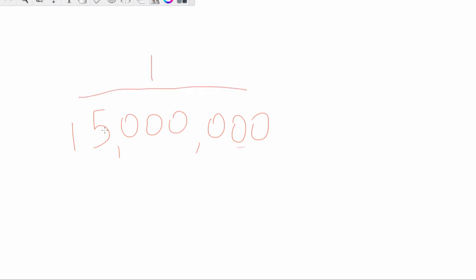Okay, real world example. If 15 million, that's million, people buy a lottery ticket, your chance of winning the lottery is 1 out of 15 million, because you are just one person out of 15 million people who bought a ticket.